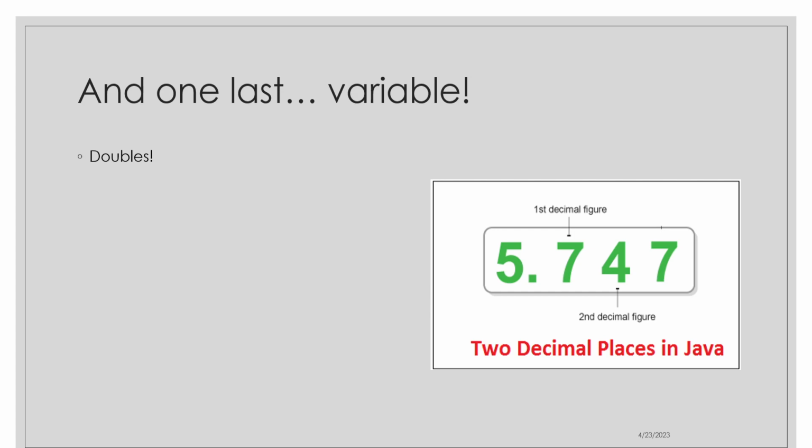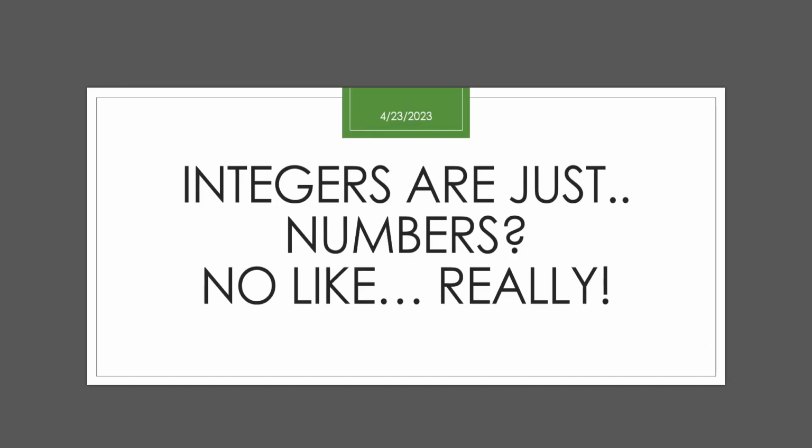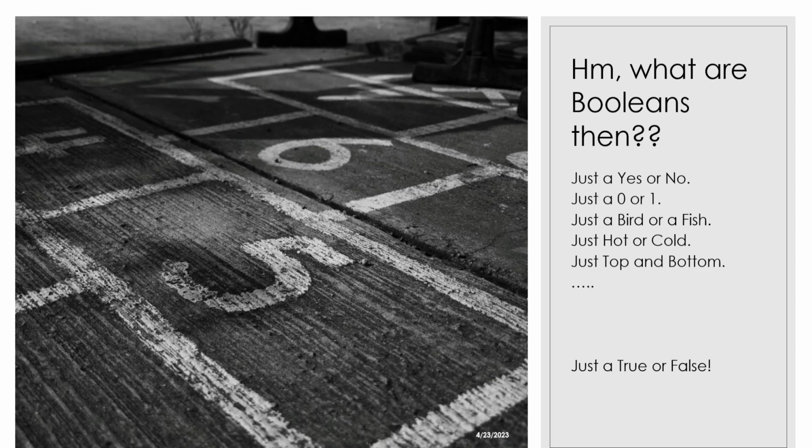Next one is, as I said, integers are just numbers, any number you can think of, but whole numbers, remember that. And a Boolean, well, it's not used that much, but it's still fairly commonly used.